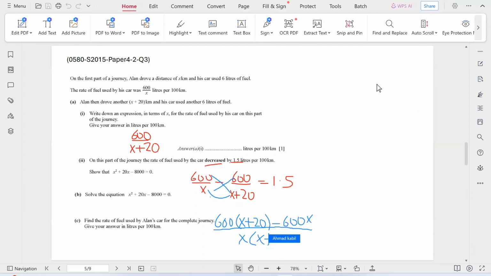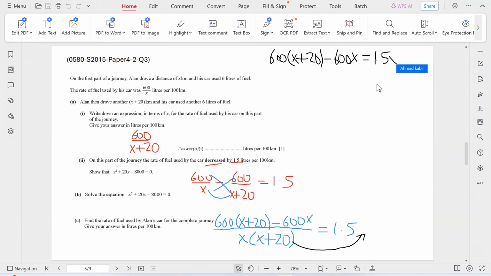And this is all equal to 1.5. So how would we be able to solve this? One suggestion is to take the denominator and multiply it by the other side. So we obtain an expression similar to this, 600 times x plus 20 minus 600x equals 1.5 times x times x plus 20.